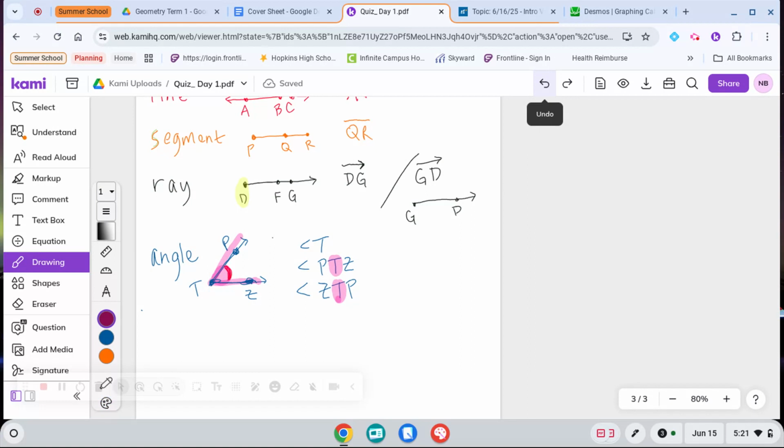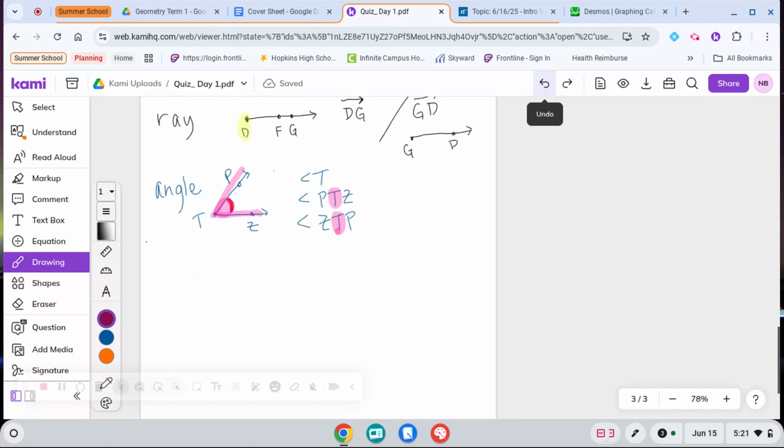Okay, so the order of the letters really does matter. And the other thing to note is if we ended up adding, so let's say we had this to start with, P, T, Z, and then let's say there were a couple other lines that were on here also.